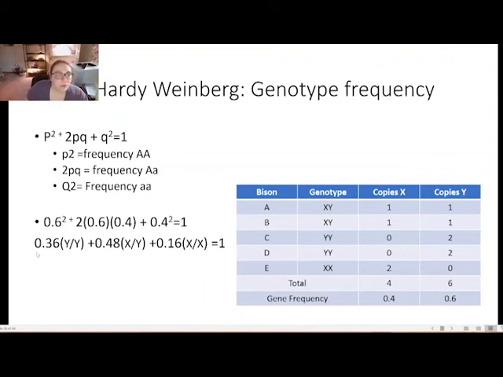When we do all that math, we get 0.36 plus 0.48 plus 0.16 equals 1. What that's telling us is that 36% of the population is YY, 48% is XY, and 16% is XX. And that equals 100% of the population.